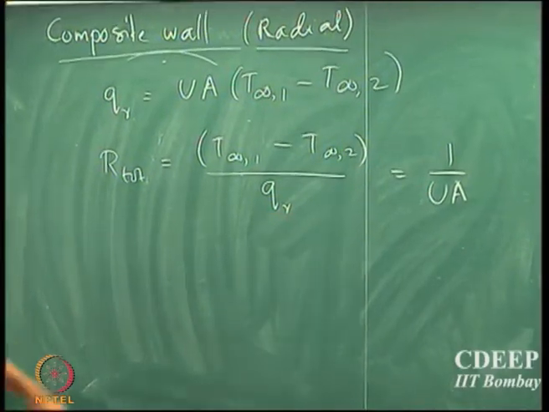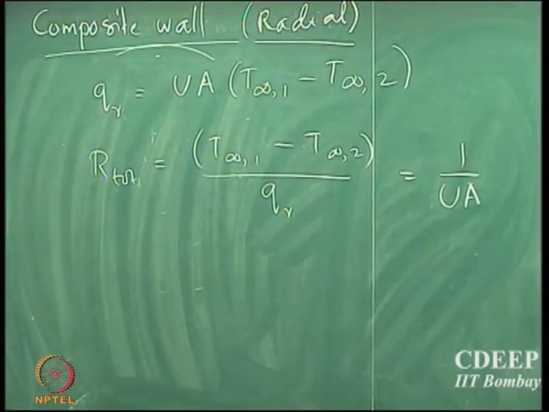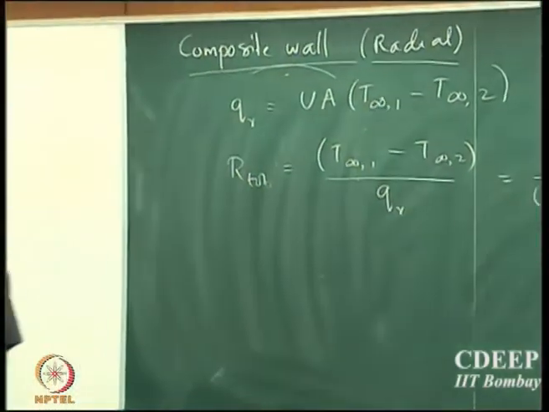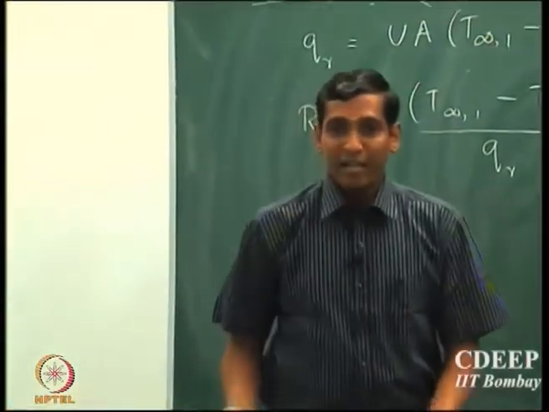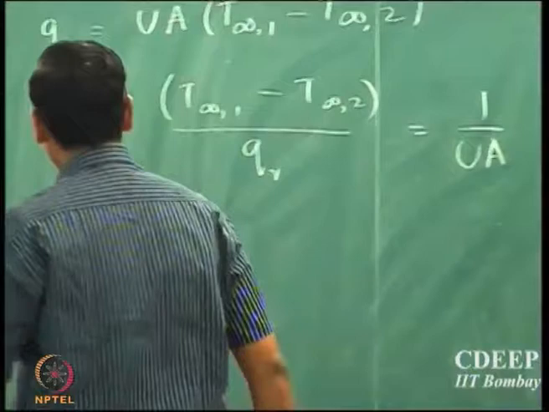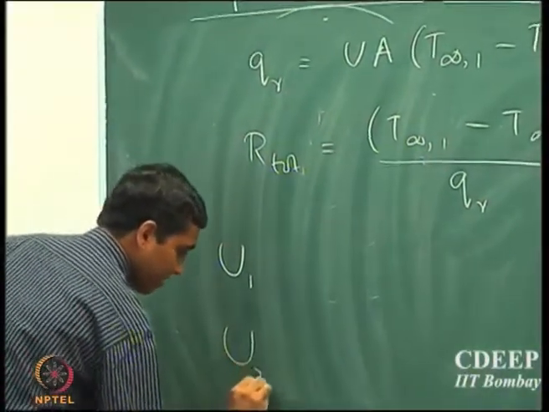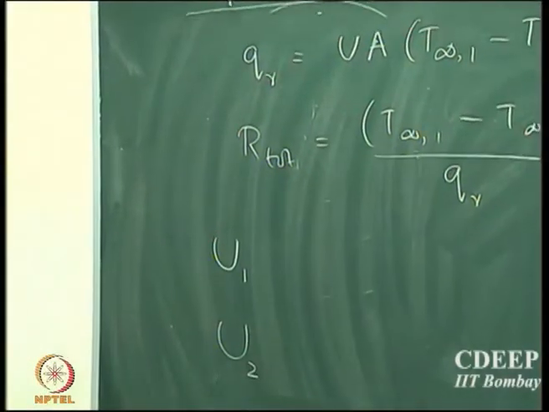So, that is the question. Here, what should be the area that you should choose for defining the overall heat transport coefficient? In a 1D system in Cartesian coordinates, it did not matter because the area was the same. Here, you can now define two different heat transport coefficients U1 and U2.